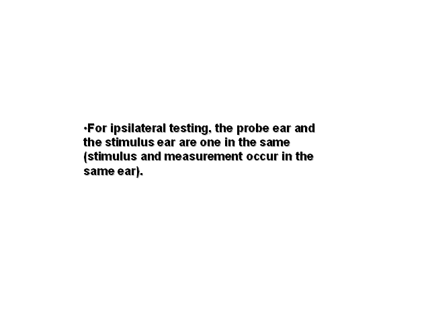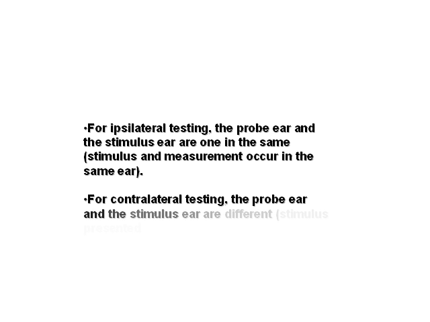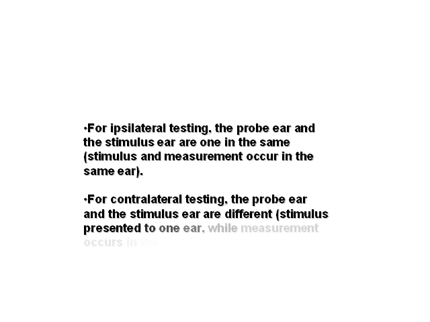That is, the stimulus and measurement occur in the same ear. For contralateral testing, the probe ear and the stimulus ear are different. That is, the stimulus is presented to one ear while measurements occur in the opposite ear.